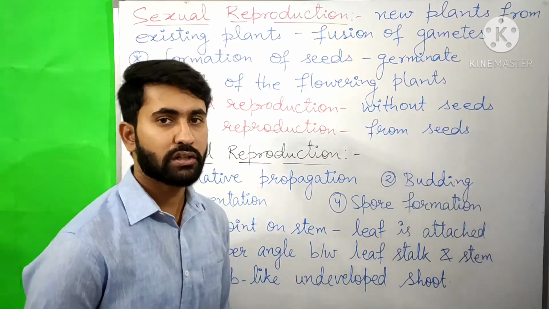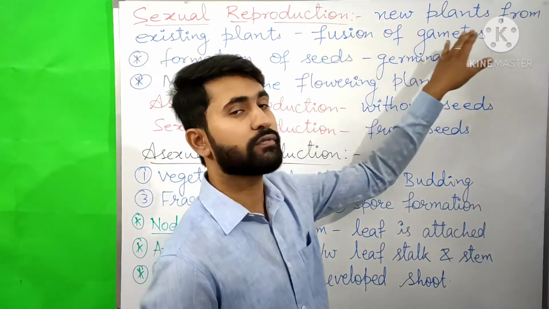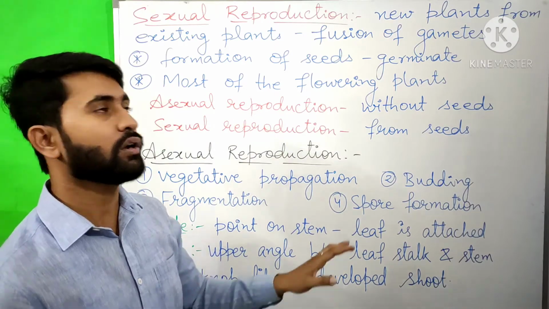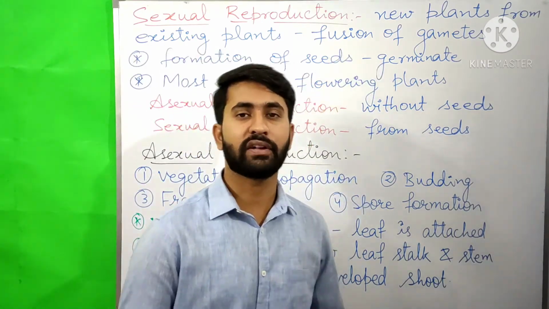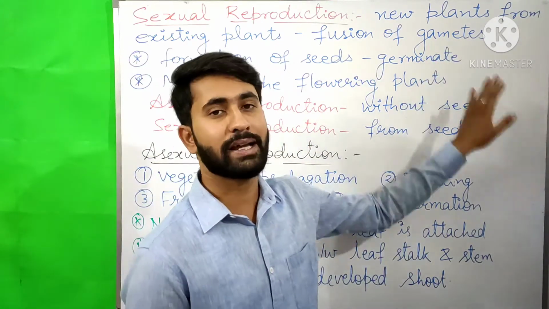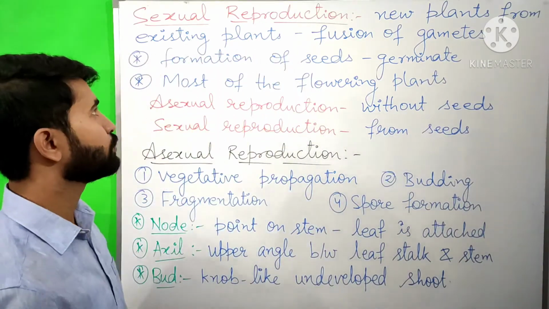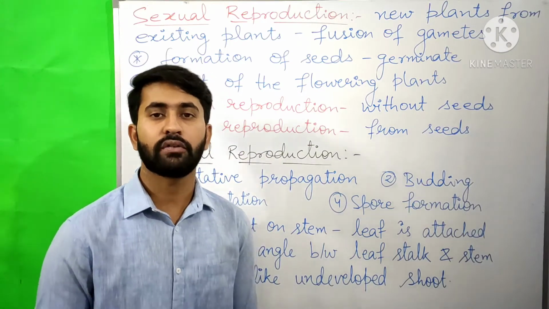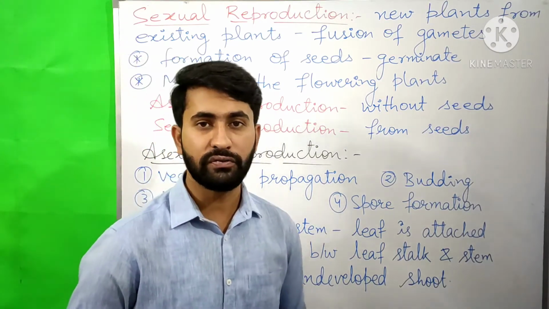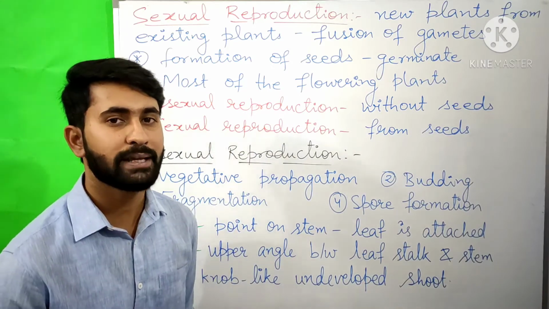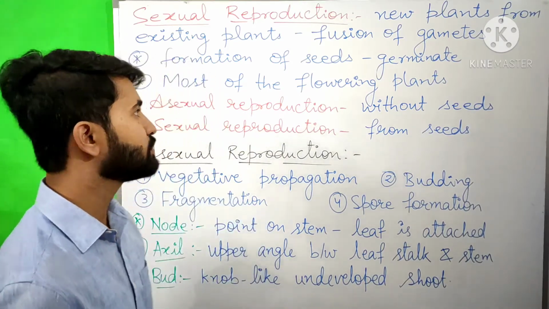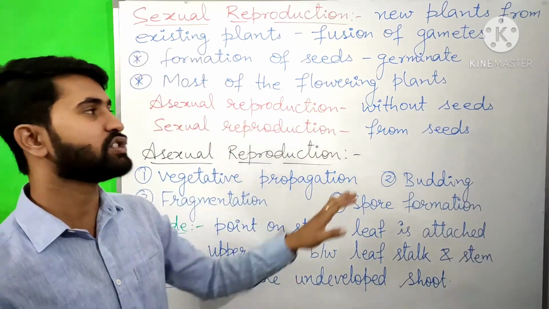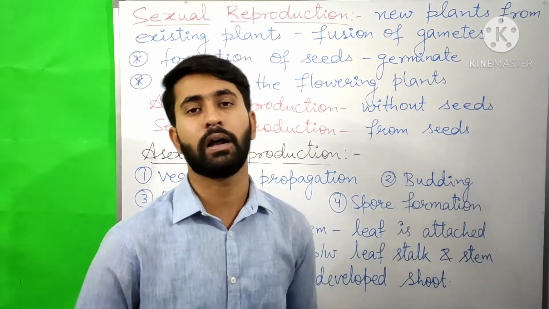Now, the production of new plants from the existing plants by the fusion, or we can say by the combination of gametes, that are also known as sex cells, is known as sexual reproduction. The fusion of male sex cells and female sex cells gives rise to the formation of seeds, and these seeds can germinate to form a new plant.